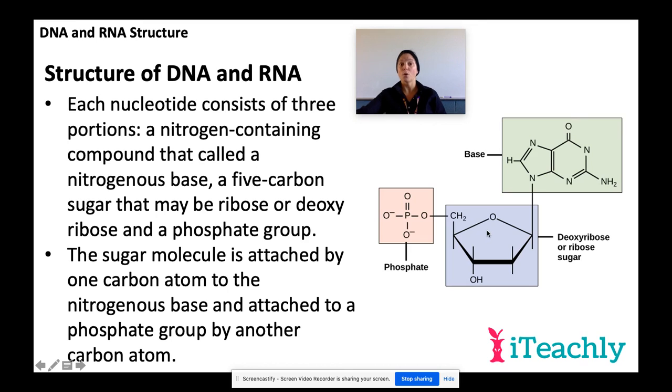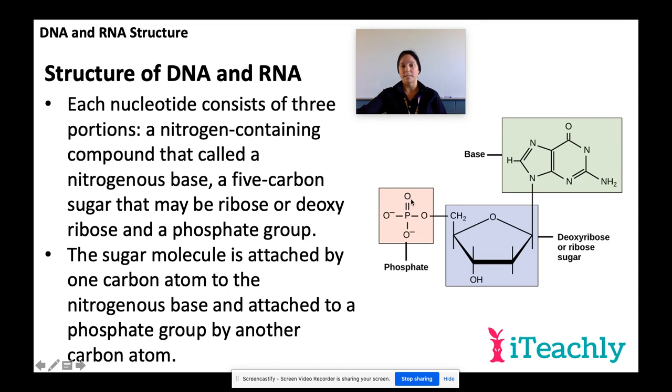There is one of two types of sugars found in a nucleotide, based on what kind of nucleotide it is. Is it a DNA nucleotide or an RNA nucleotide? There is no difference in the phosphate between DNA and RNA.